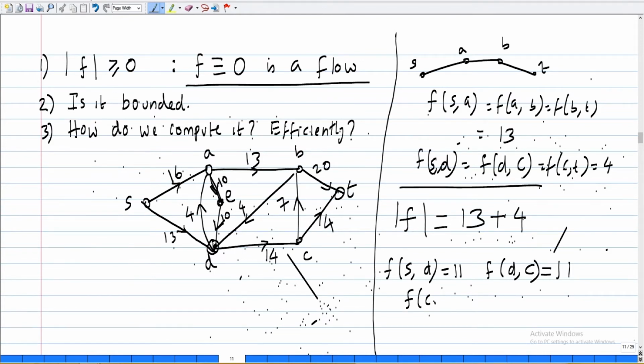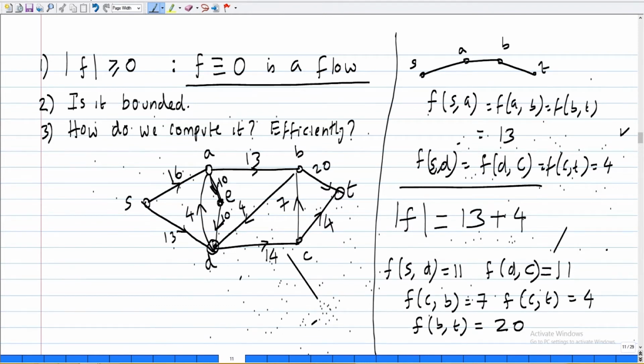That is f of c comma b is 7, and f of c comma t is going to be 4, right? What is f of b comma t? 13 plus 7, it's going to become a 20, right? Fine.